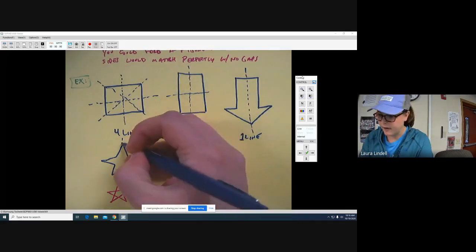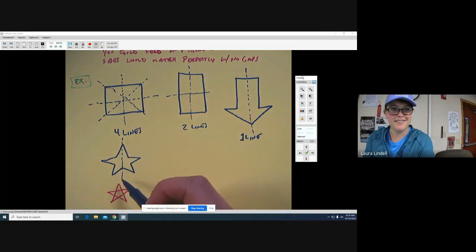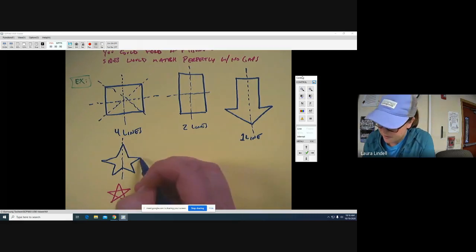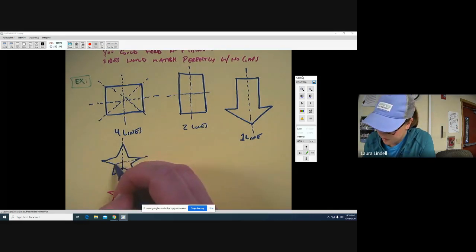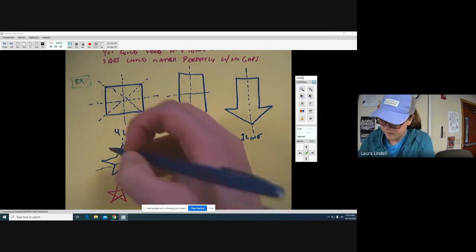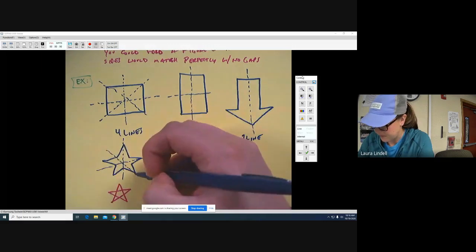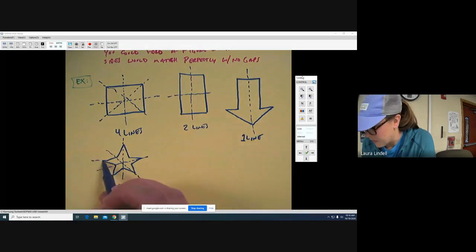So the way I kind of like to think of it is from one point and then through like the armpit of the other point. From this point through the armpit of the point across from it. This point through the armpit of the point across from it. And then same thing over here.